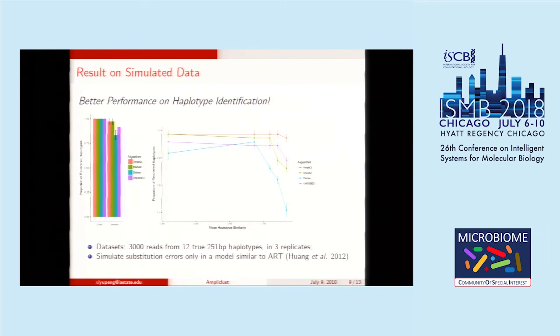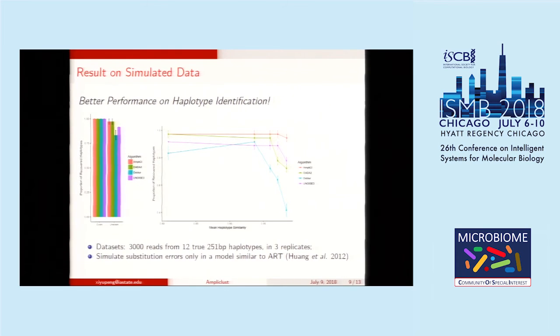The graph on the left shows the performance of the algorithms on two different data sets. Maybe you cannot see it very clearly. The left is the performance on the even abundance data set, and the right is the performance on the uneven abundance data sets. Our result is shown in the red bar here, and the y-axis is the proportion of recovered haplotypes.